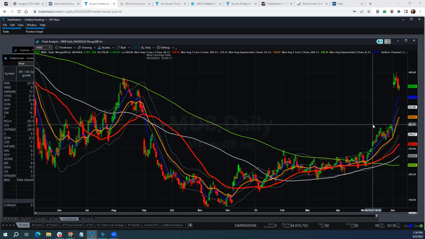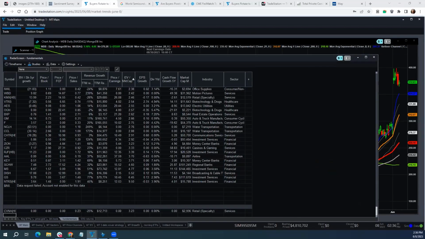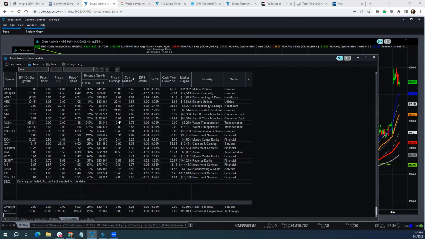This company went public a few years ago, and it's a relatively new name. Let's see what its market cap is. Mongo MDB, a market cap of like 26 billion. So it's in that spot where it's not that big yet.